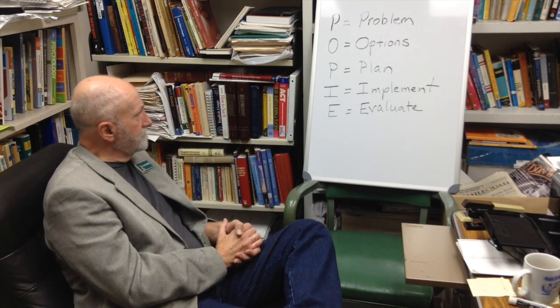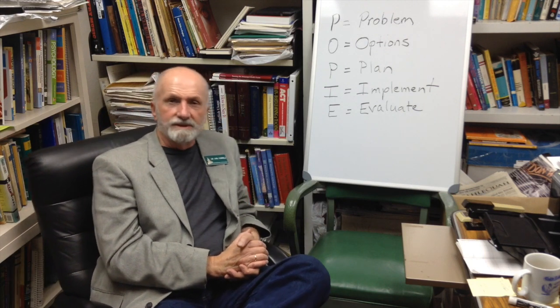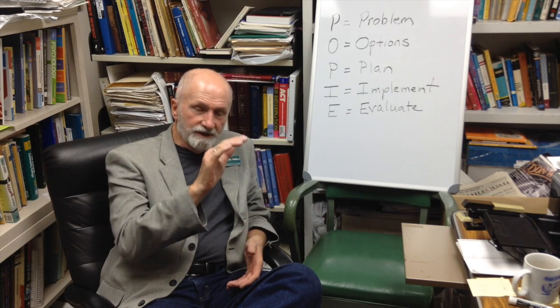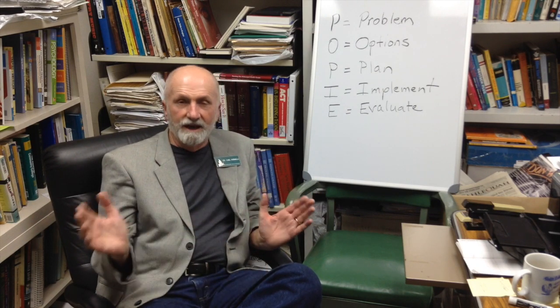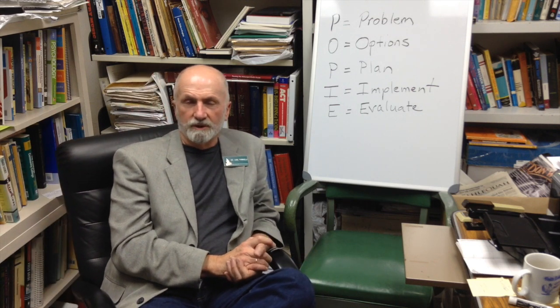When you're looking at a plan, one of the things about a plan is that you want to tell both the steps that the plan will follow and the time over which those steps will occur.